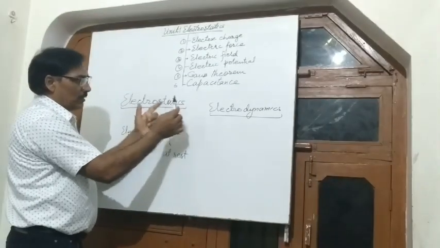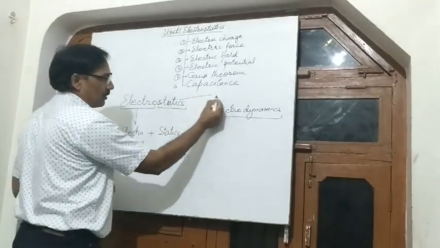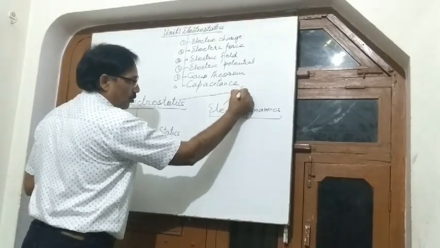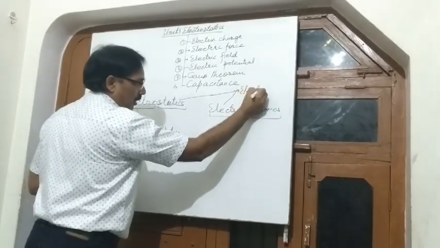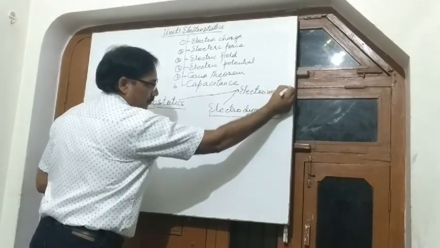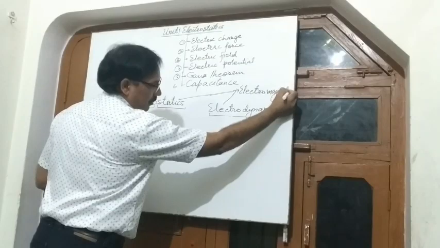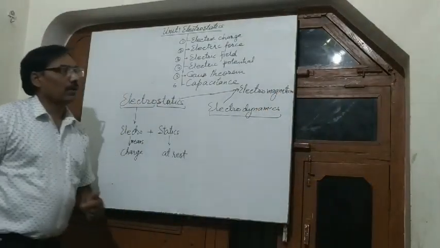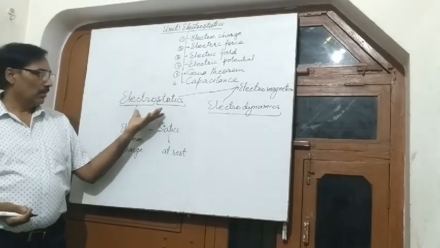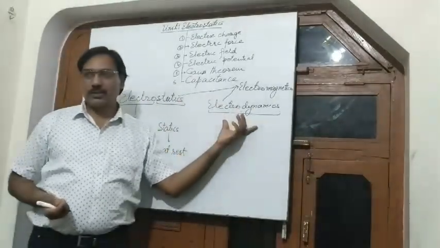These two units combinedly are known as electromagnetism. Clear? Electromagnetism is further divided into two parts: electrostatics and electrodynamics.